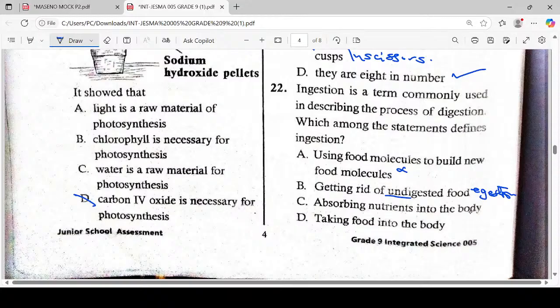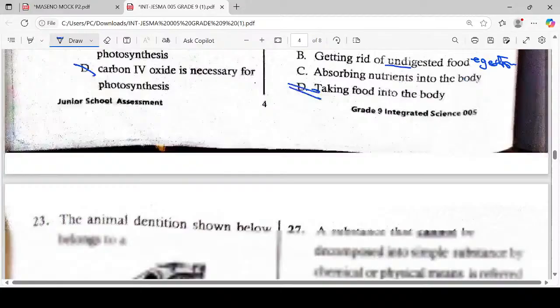Absorbing nutrients into the body, that's called absorption. Taking food into the body is called ingestion. In means into the body. So the correct answer is D for dog. For question number 22, it is D for dog.